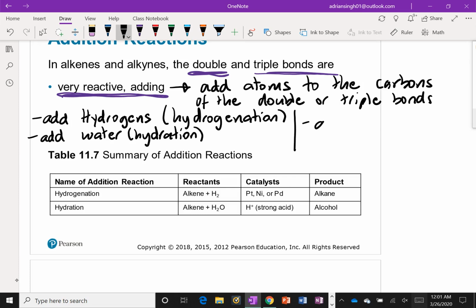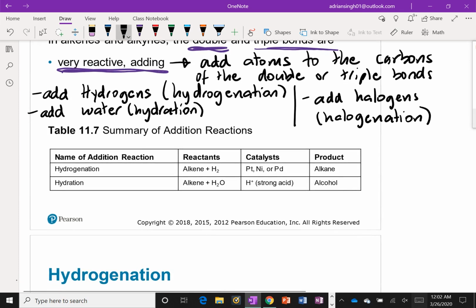We can also add halogens, and that's called halogenation. And each of these reactions are going to occur under special conditions, and there are certain things that are going to be required for them to occur. And we'll take a look at each of these here in a second.